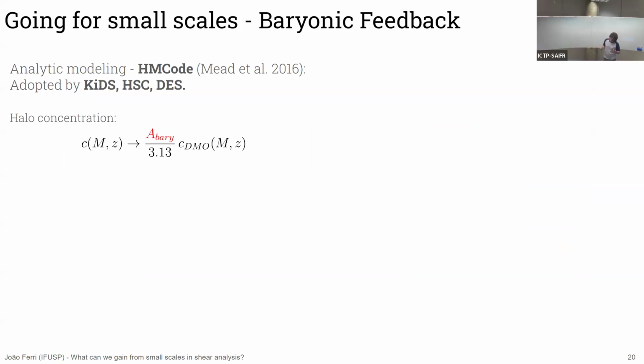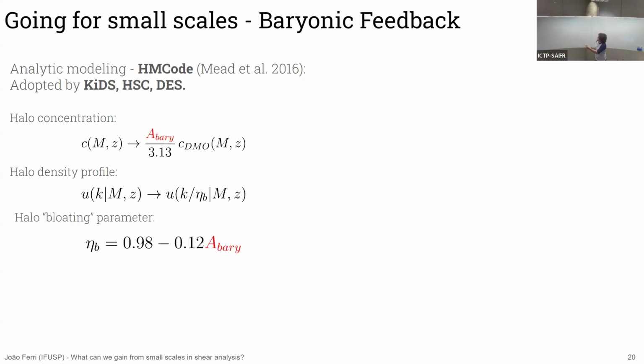The main idea is that HMcode modifies the halo concentration, and with this A_baryon parameter it changes the scale dependency of the halo density profile, with this halo bloating parameter that can be parameterized basically by A_baryon.